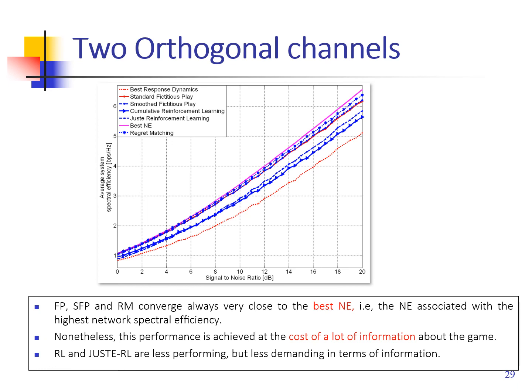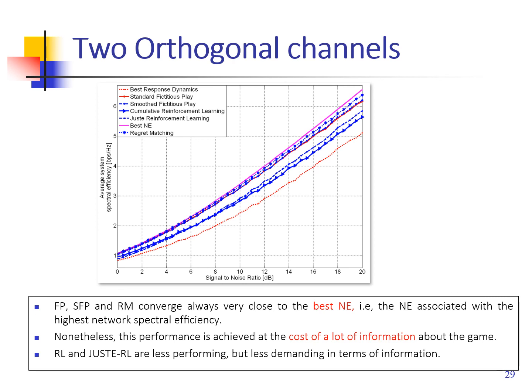Jumping directly to the result, what we are plotting here on the y-axis is the average system spectral efficiency, and on the x-axis the signal to noise ratio, from 0 to 20 dB, for a number of algorithms.